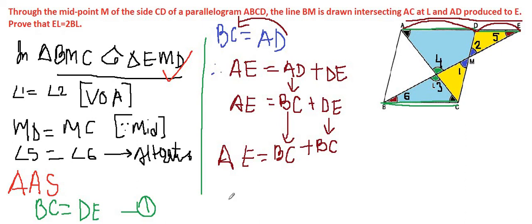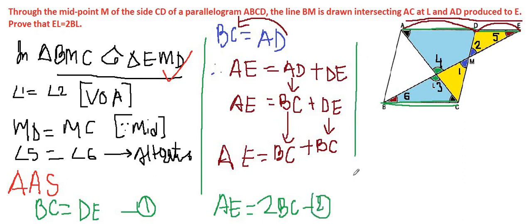Finally we get that AE is 2 times BC. Dear student, I hope you got it. Let us call this equation 2.